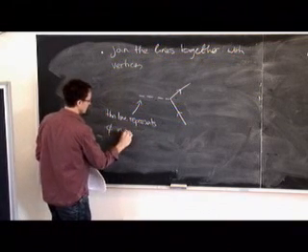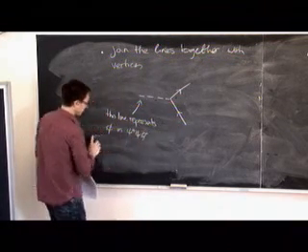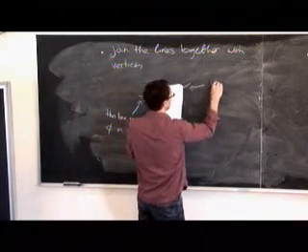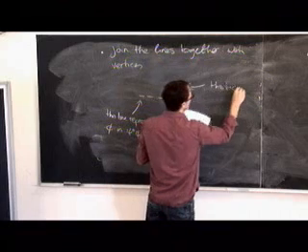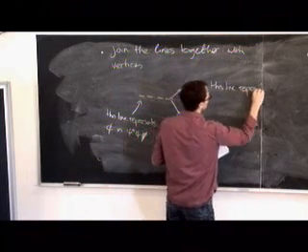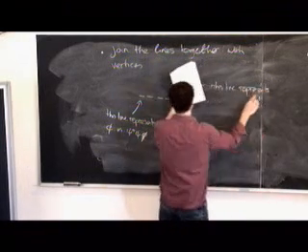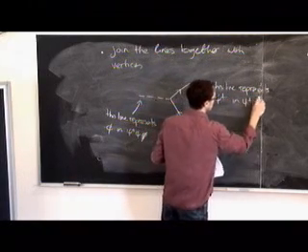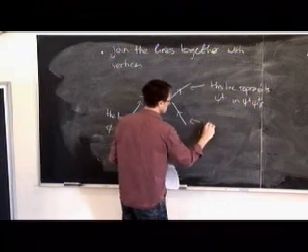So this line represents phi in the interaction, this line represents psi dagger in the interaction, and this line represents psi.